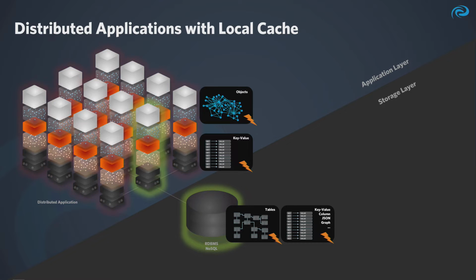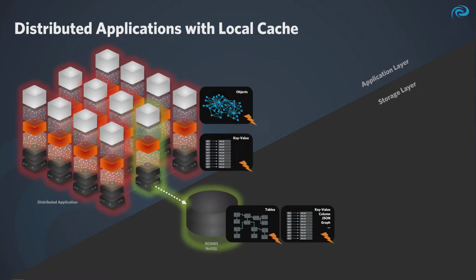The problem is that the database and all of the other application nodes are not in sync. So we have an issue here with our data state in the memory.